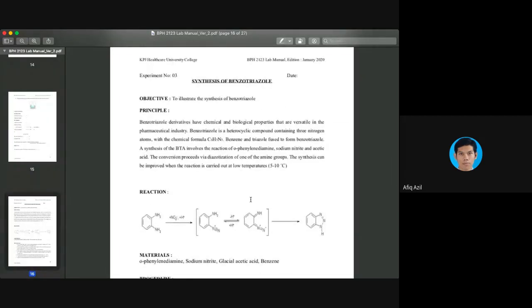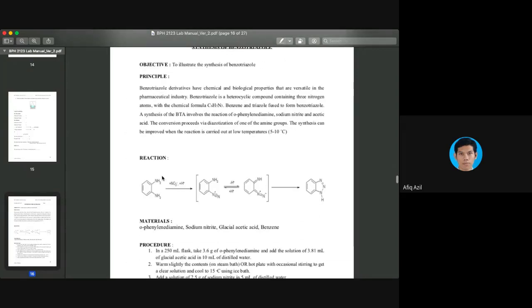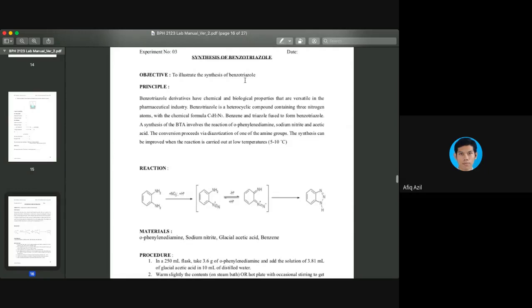Then for the third experiment, which is synthesis of benzotriazole, so another synthesis experiment. So in this reaction, you are going to synthesize a heterocyclic compound also, but containing 3 nitrogens in the ring. Hence the name triazole.